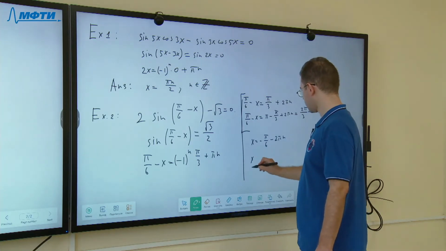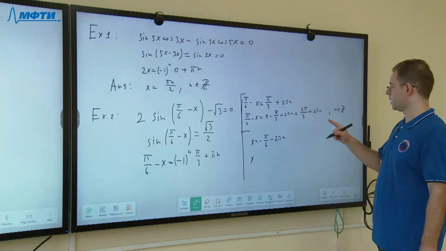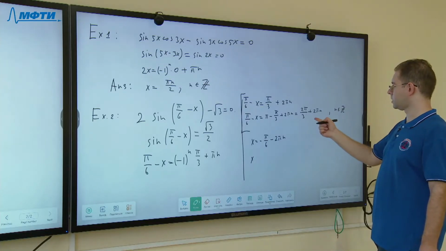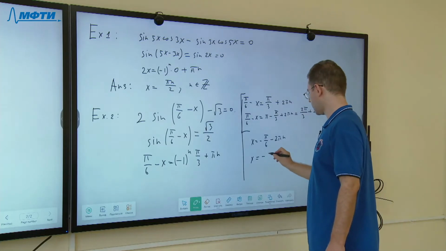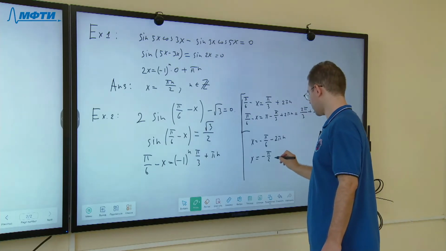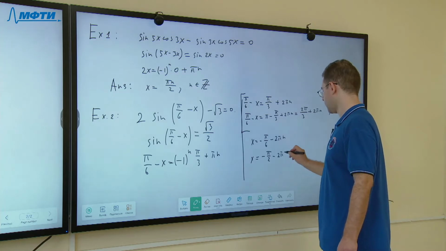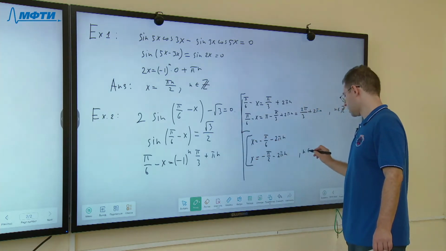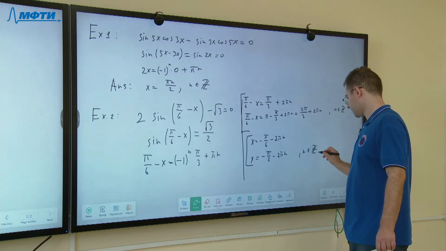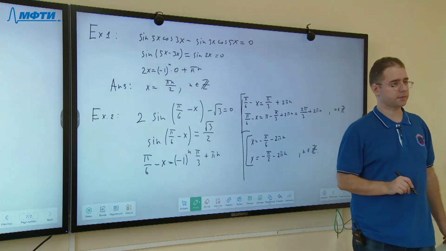And the second will be pi by 6 minus 2 pi by 3, which would be minus pi by 2, if I'm not mistaken, minus 2 pi n. n is an integer number. And that is the answer.